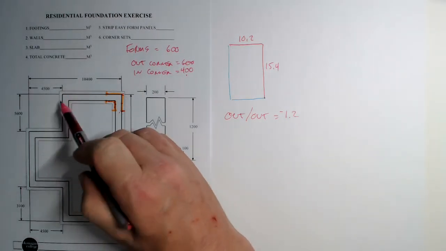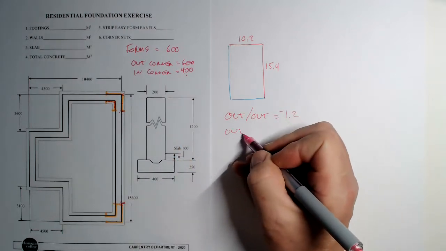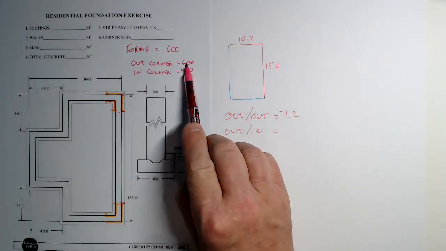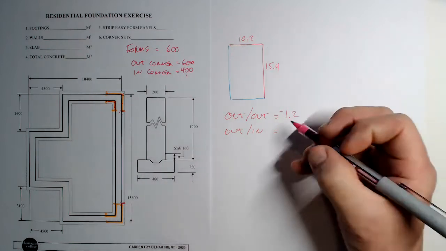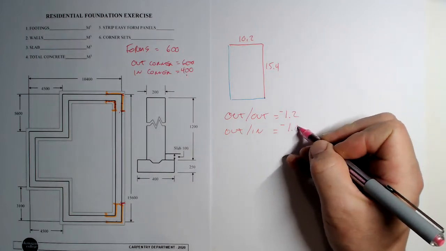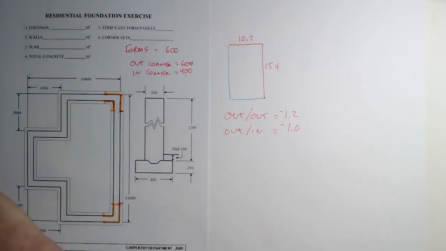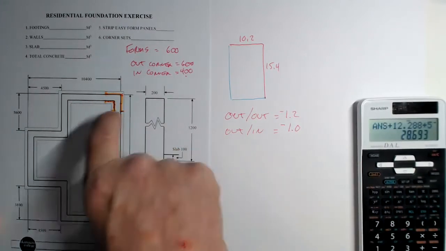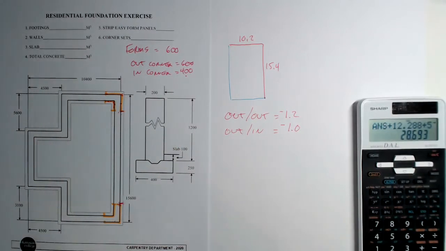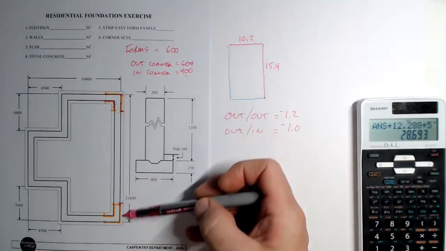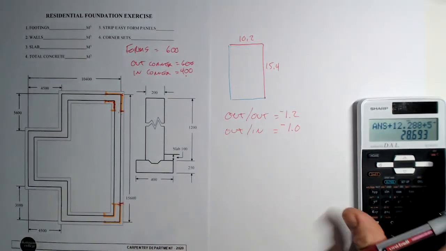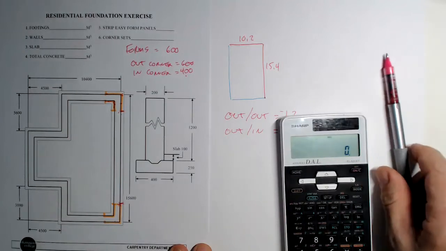If it's an outside corner to an inside corner, an out to in, we will minus a 600 for the out and a 400 for the in, which is simply minus 1 meter even. Okay, so we're going to do our measurement and form panel counts in one shot. Keep in mind that whatever count we calculate for the outside, we double it, and that'll be the count for the inside as well.